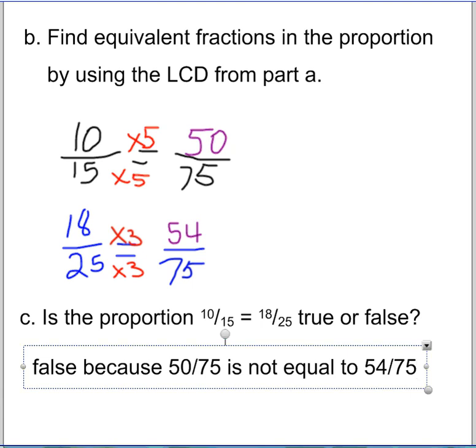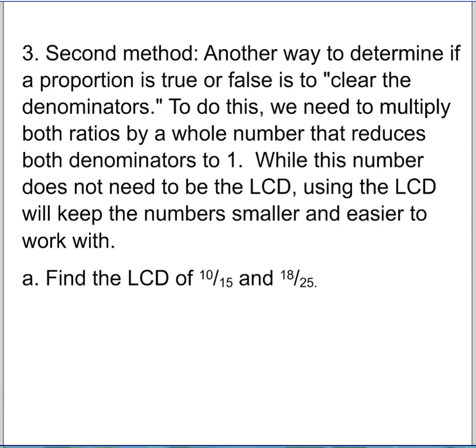So another method, or another way to determine if a proportion is true or false, is to clear the denominators, or to make our numbers to where they're not fractions anymore. To do this, we need to multiply both ratios by a whole number that reduces both denominators to 1.